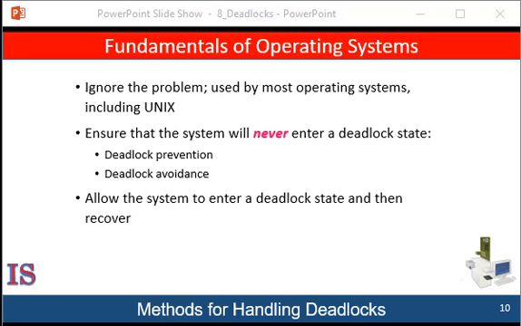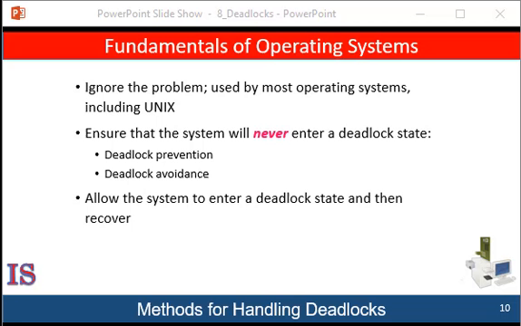In this case, the undetected deadlock will cause the system's performance to deteriorate because resources are being held by threads that cannot run, and because more and more threads, as they make requests for resources, will enter a deadlock state. Eventually, the system will stop functioning and will need to be restarted manually.